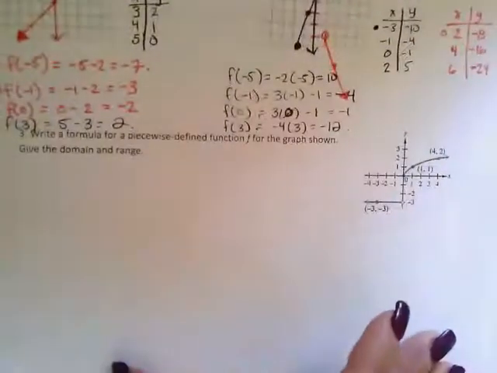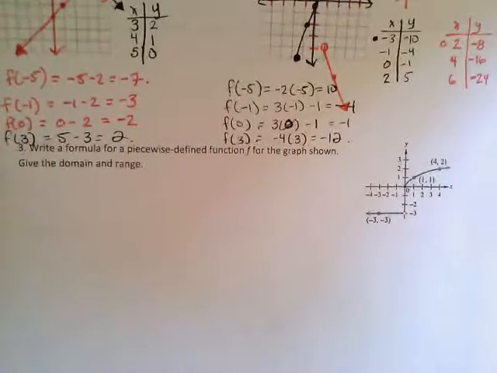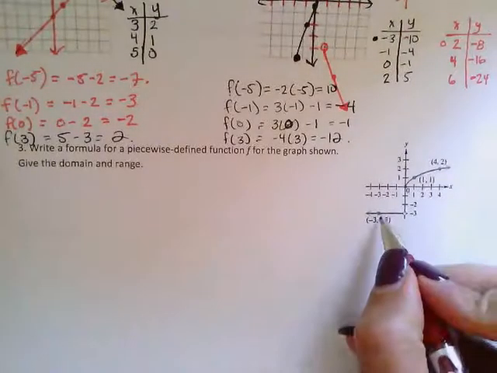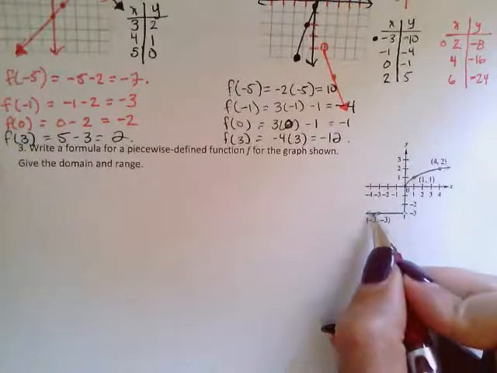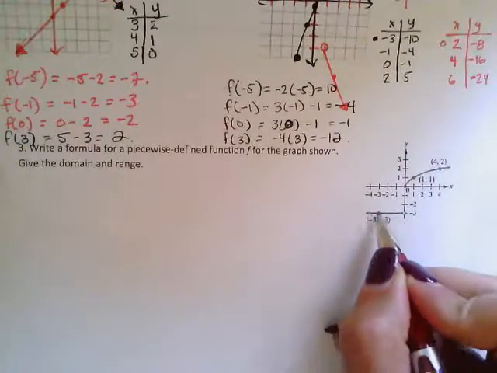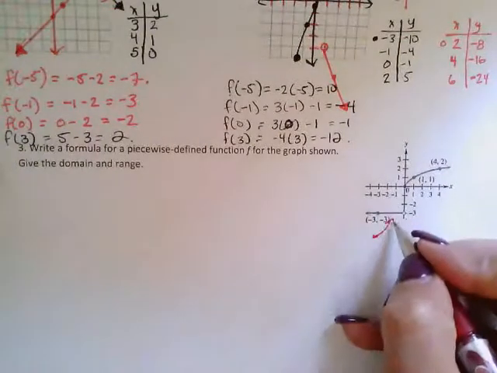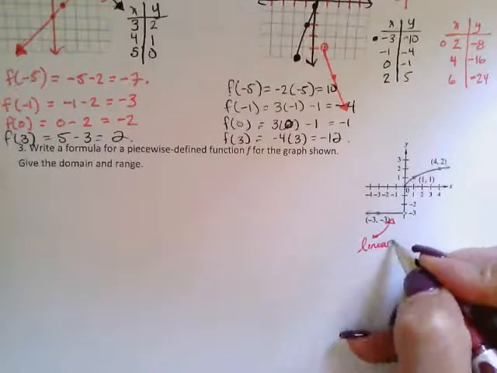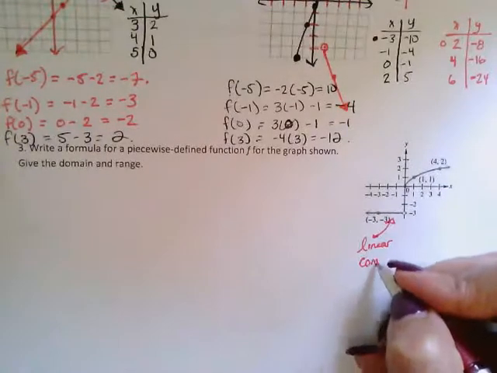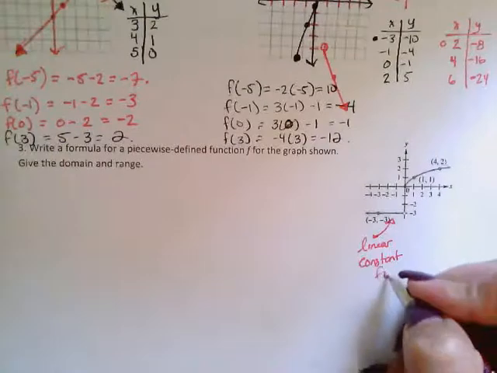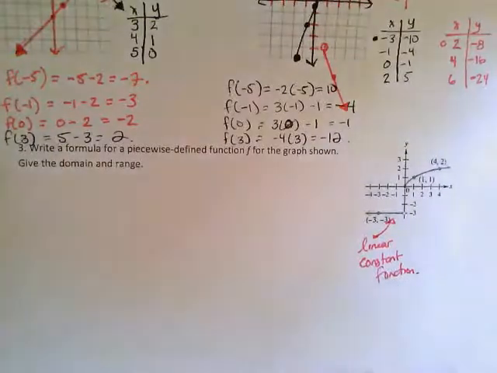Okay, the last part right here says, write a formula for the piecewise defined function of the graph. So you see two parts here. This right here looks like what kind of line? This is obviously linear, and more specifically, it's a constant function. Okay?